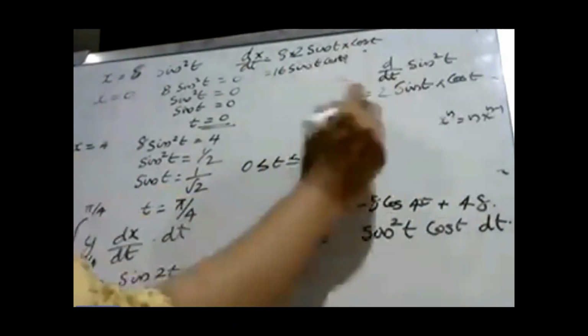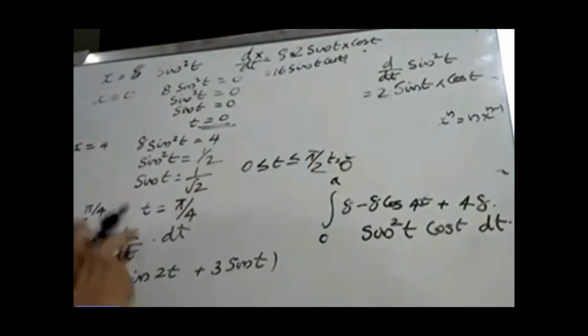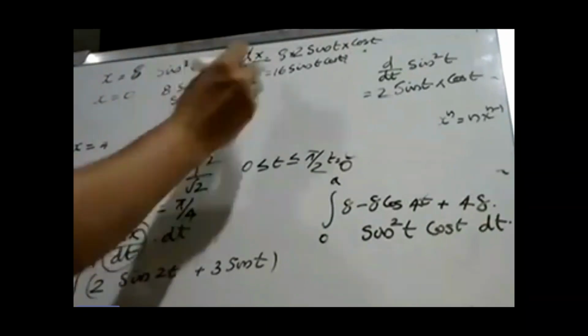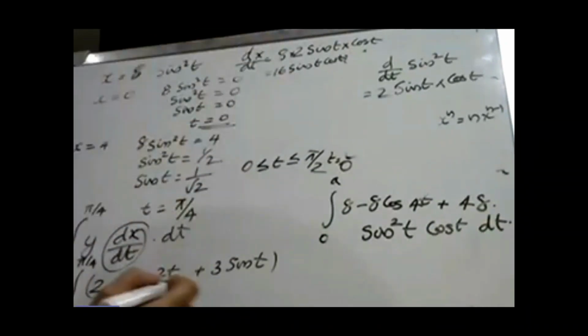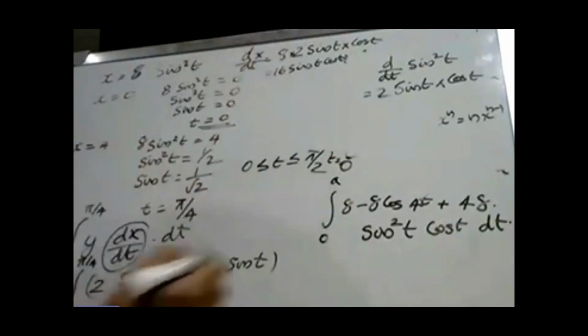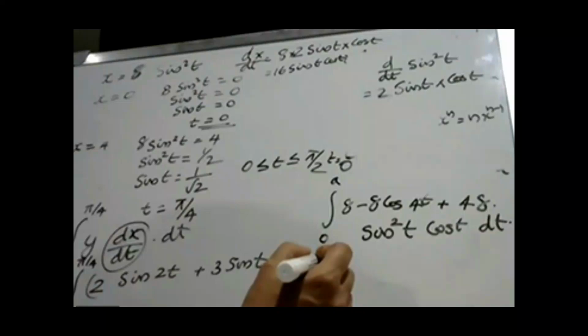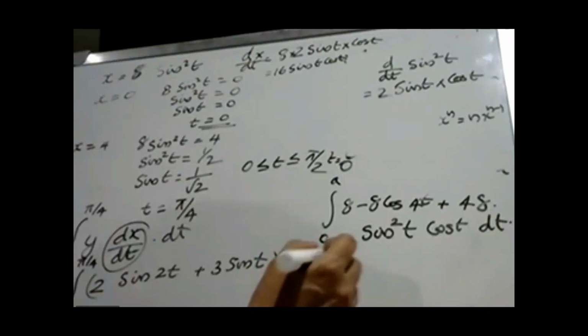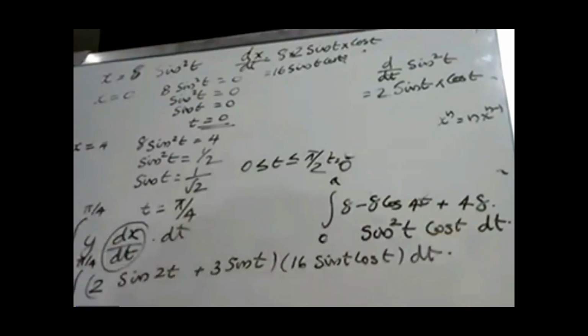So d by dt of sin squared t is 2 sin t times cos t. So I can write 16, because I already have an 8 there. 8 times 2 is 16. So this is 16 sin t cos t dt.